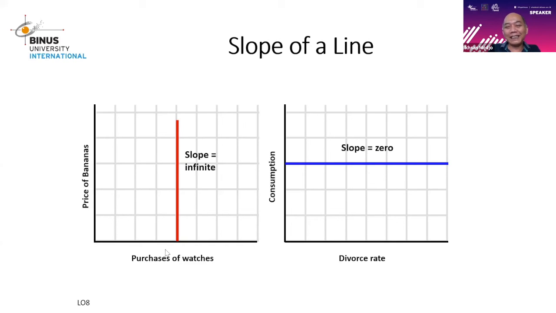So whether you are divorced or not, it's the same, you still need to eat, your consumption will stay the same. So the divorce rate has no relationship at all, a zero relationship, with consumption, regardless of the number of people divorced in one city or whatever. The consumption is still going to be the same in that city, which makes sense.